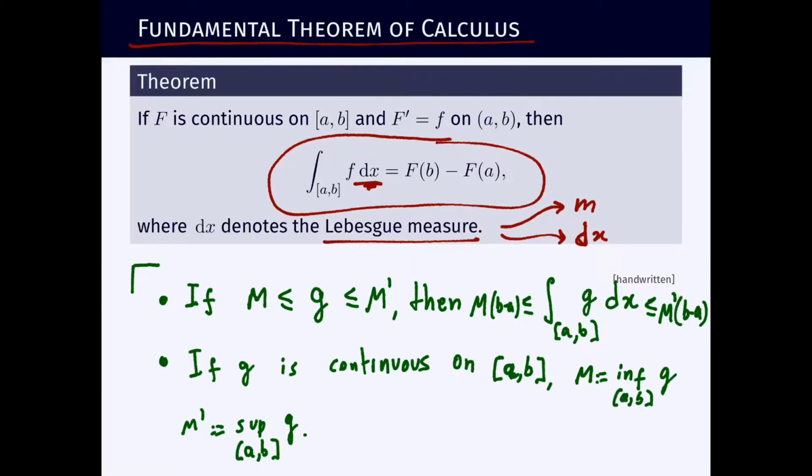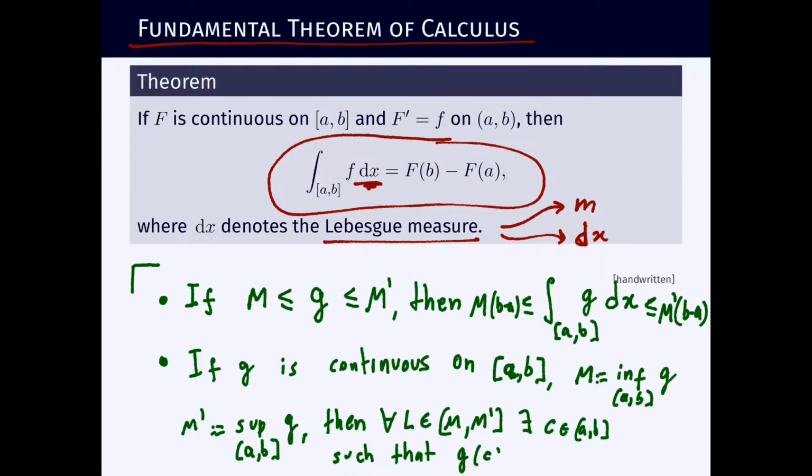Then for every L between M and M prime, there exists some c in [a, b] such that g of c equals L.